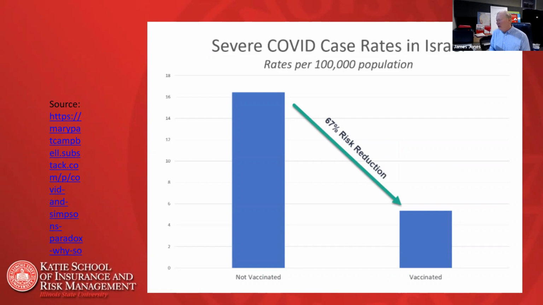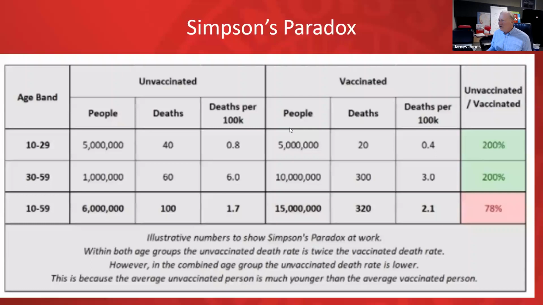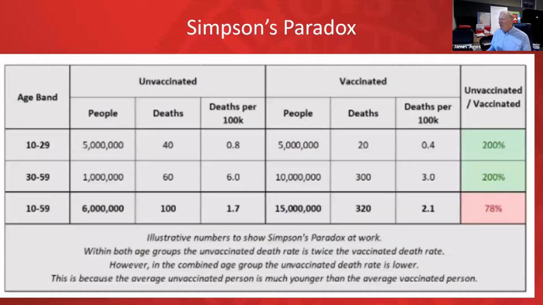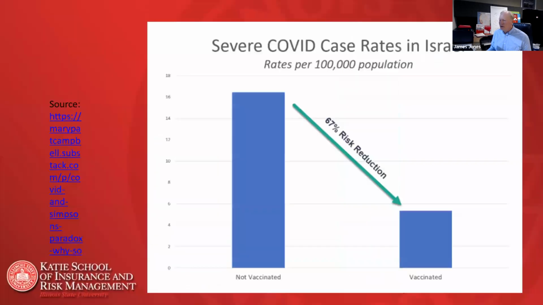And if you look at people over the age of 50, it goes up as high as 85% risk reduction. So that's part of it you have to think about, but when you're looking at these numbers, think about who's in that group and what is the distribution of the people.